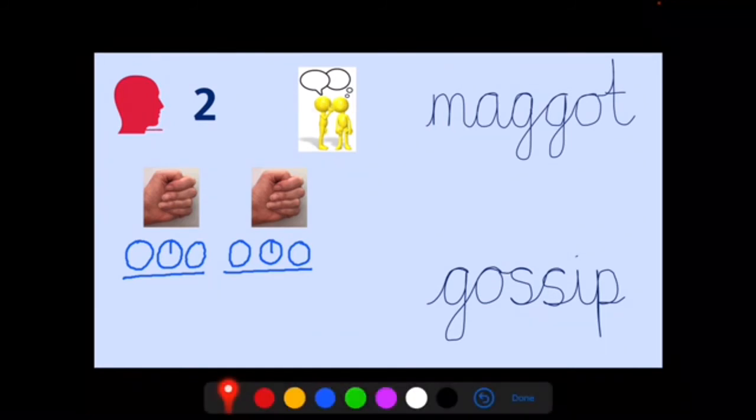But because I know that it had this pattern, I knew to put a double S. And when I look at it, to read it back and check, I can see it needed a double S. One to tell me the sound and one to keep the vowel sound short. Same with maggot. One tells me the sound we say, one keeps the vowel short.